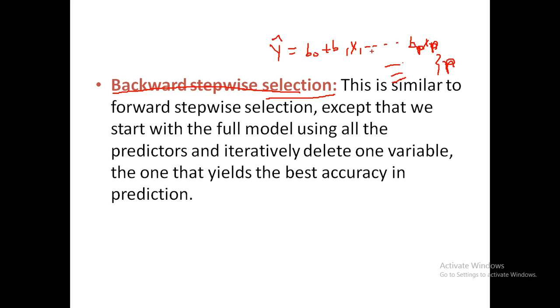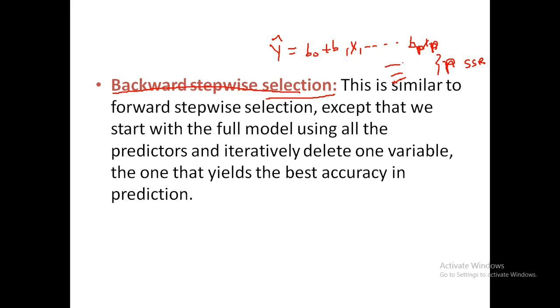In every model, one of the features will be absent. Then compute the SSR. So whichever model out of p has the least amount of SSR, that particular model you fix.